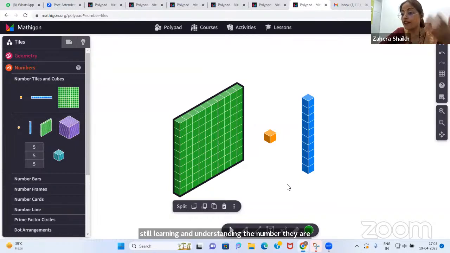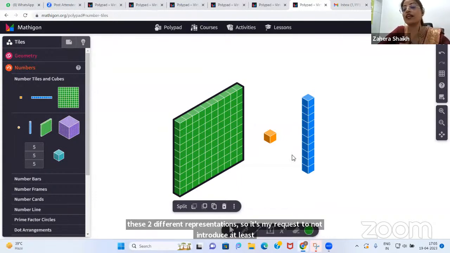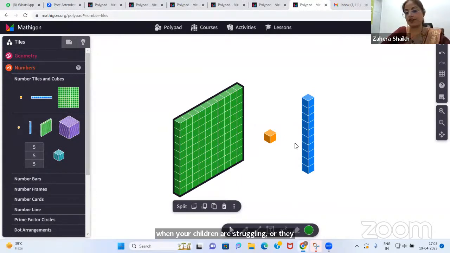If you use an abacus in place of this, one bead for 1 unit, they will not make any sense. They won't be able to tell the difference between these two representations. So it's my request not to introduce it while children are struggling or still learning the quantification.